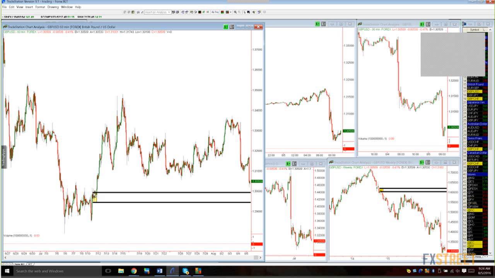Less than a month ago at that price point, a lot of demand. So much demand that prices could not stay there, and the competition to buy there was so fierce that price took off and didn't look back and shot all the way up to here.